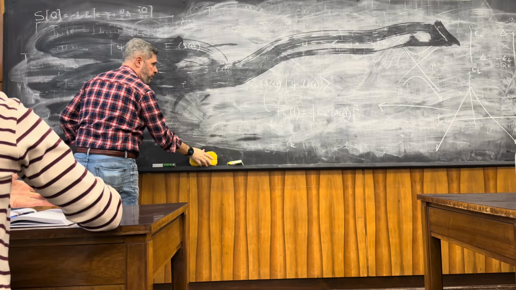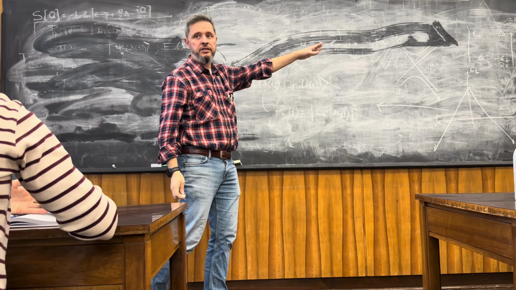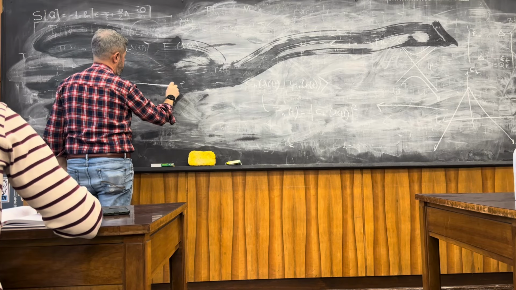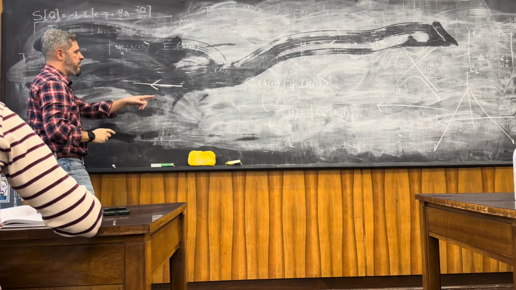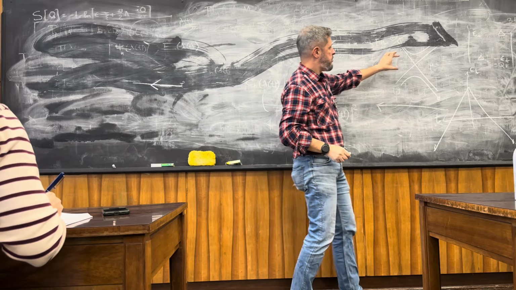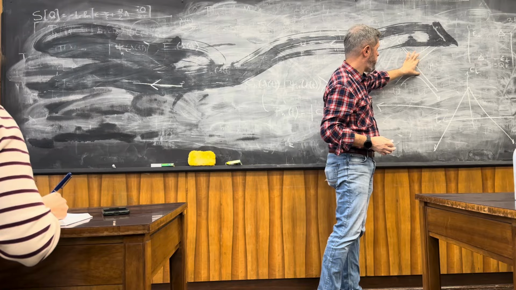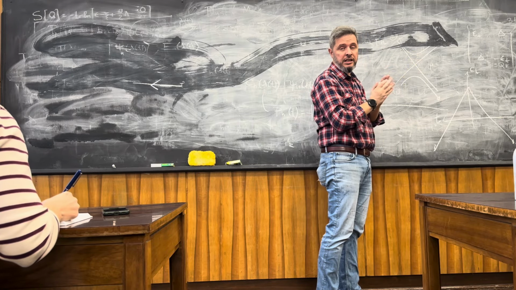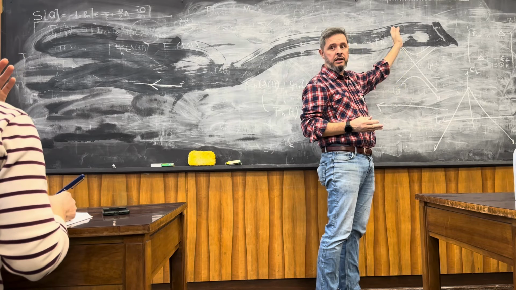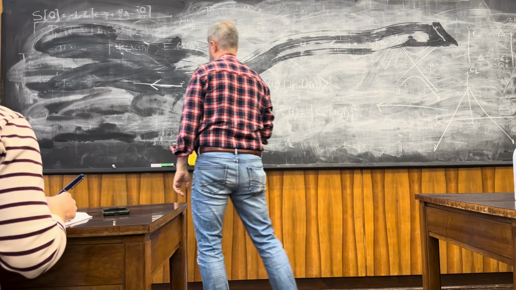So what is the analog of a Landau-Zener transition? The analog of a Landau-Zener transition is: I'm starting in some quantum state. I pass quantum mechanically through this point in time, which means that I'm splitting the probabilities. I have a certain probability to stay down, a certain probability to go up.